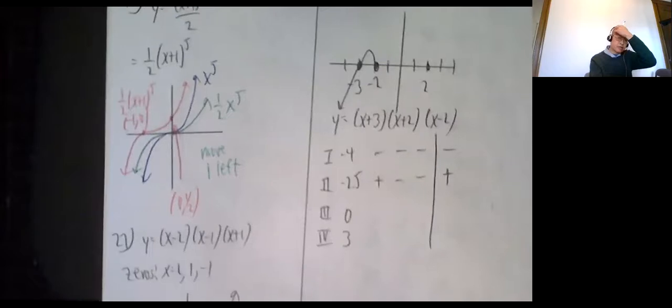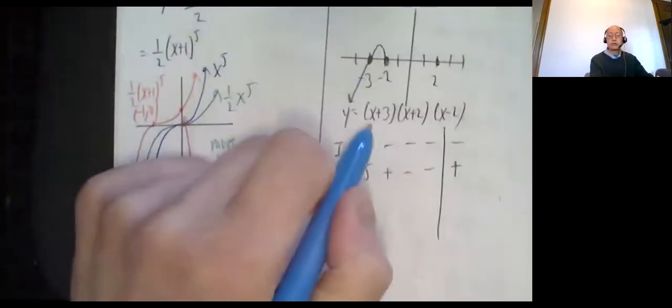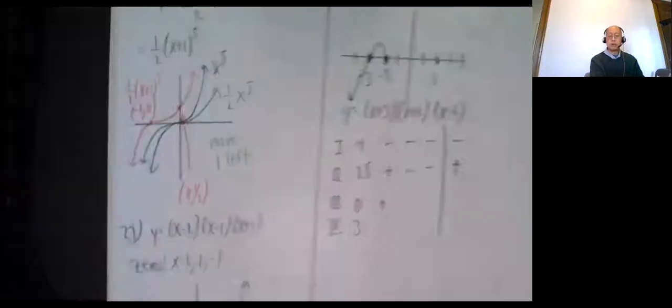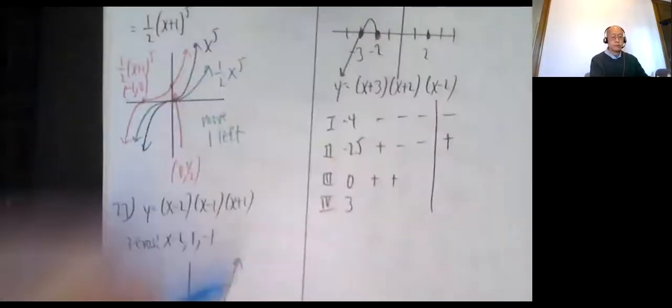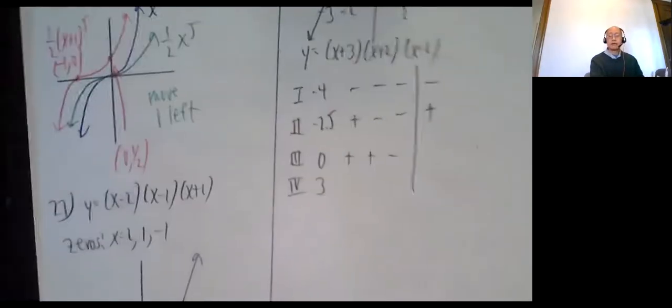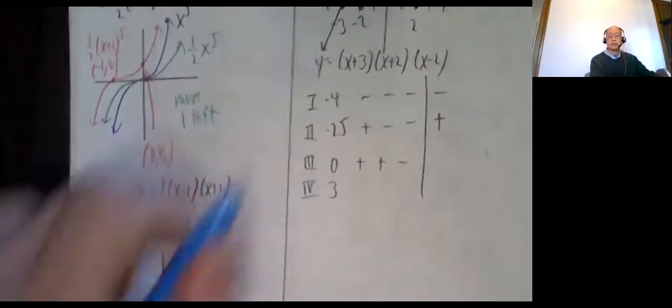You know, where is that highest point or lowest point? Okay, 0. 0 plus 3, positive. 0 plus 2, positive. 0 minus 2, negative. So positive times a negative is negative.